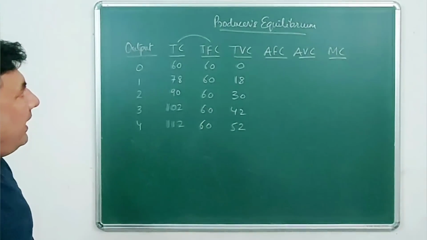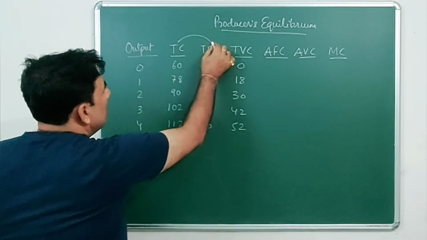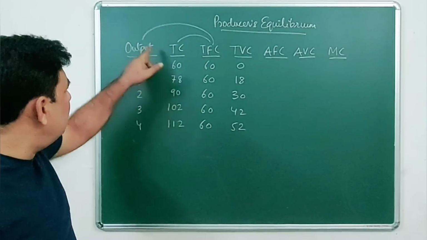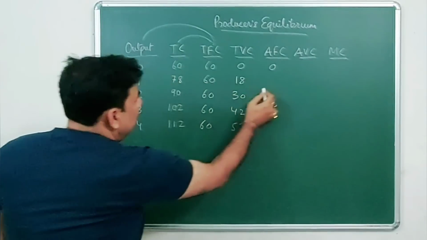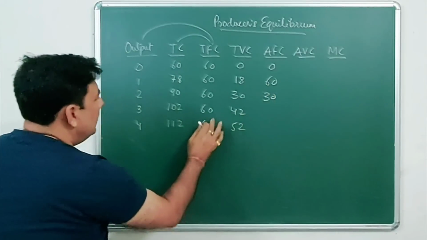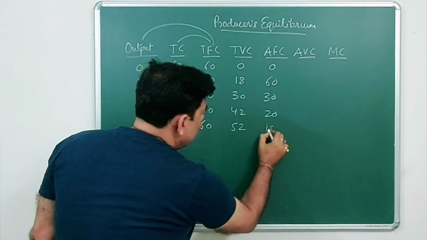And to calculate AFC, average fixed cost, to average, you have to divide total fixed cost by output. So 60 by 0 is 0, then 60 by 1 is 60, 60 by 2 is 30, then 60 by 3, 20, and this is 15.